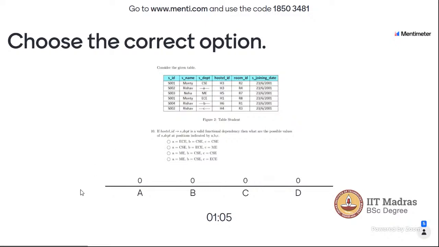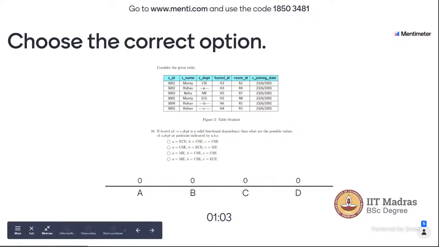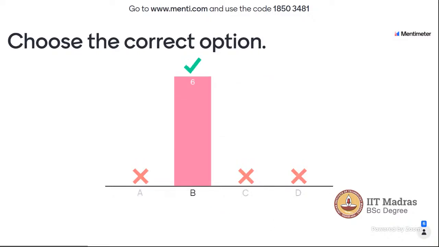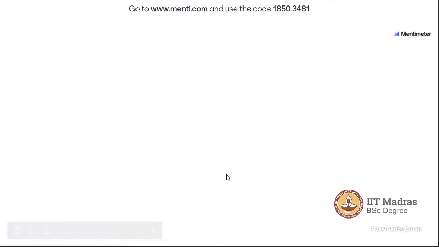One more question. Once everyone answers, this timer will stop automatically. Yeah, everyone has voted. Great. Next question.